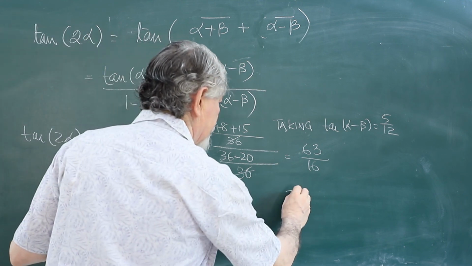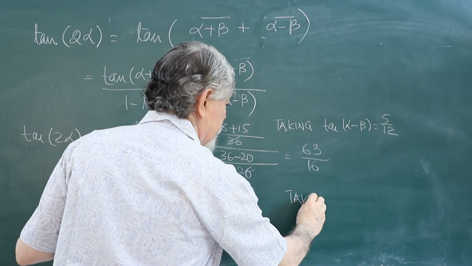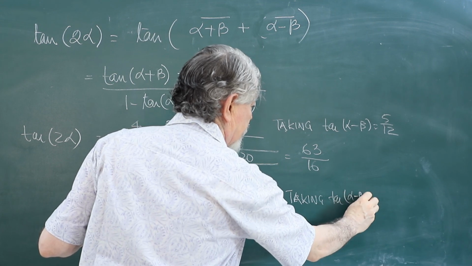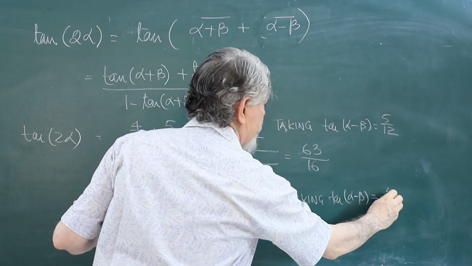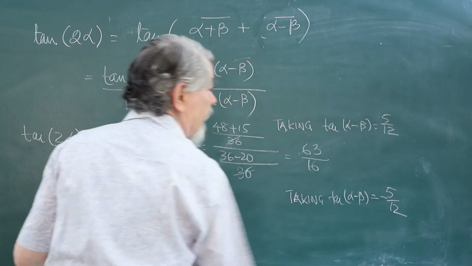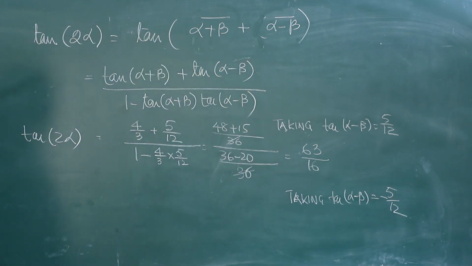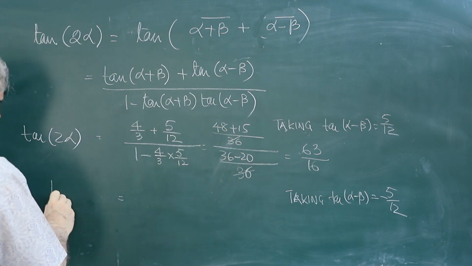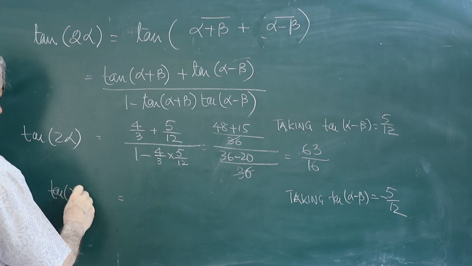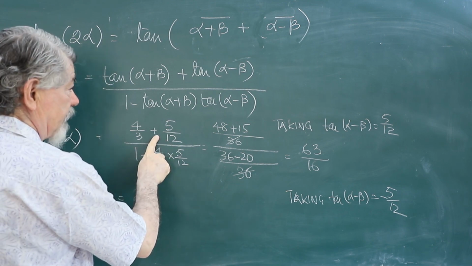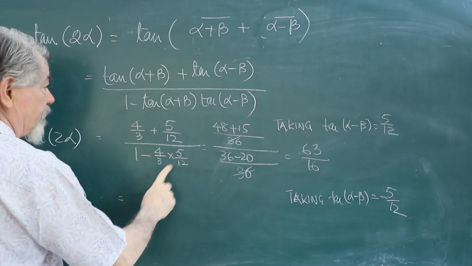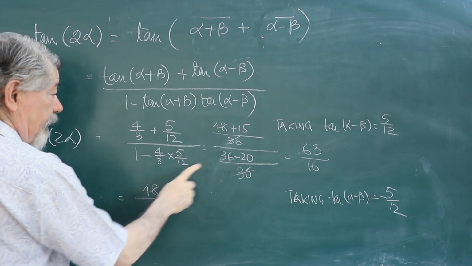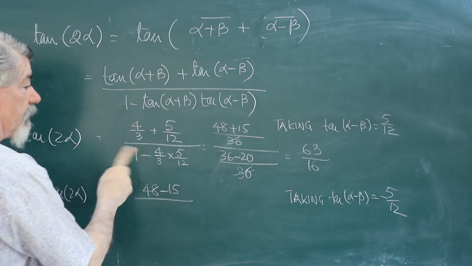Now taking tan alpha minus beta as minus 5 upon 12. If I take it to be minus 5 upon 12, it will become minus here, it will become plus here. Tan 2 alpha will become what? Because it was plus here, it will become minus. So 48 minus 15 it will become, and here it was minus, it will become plus. Why?